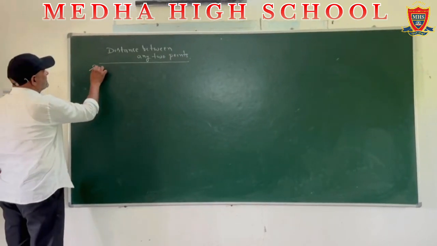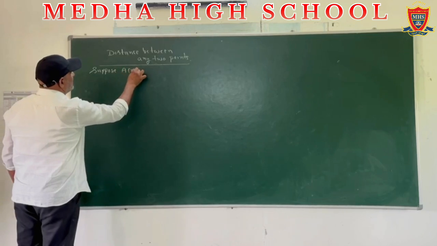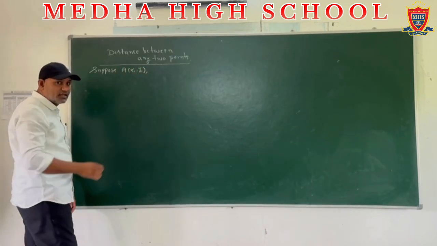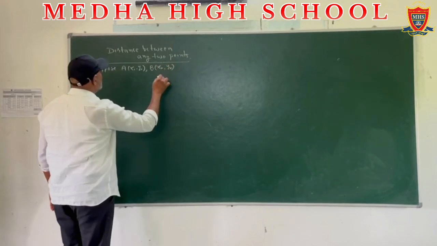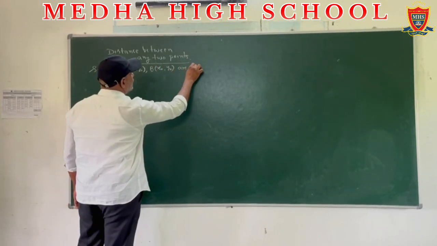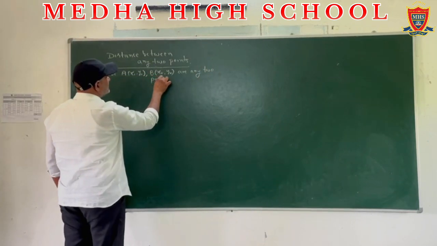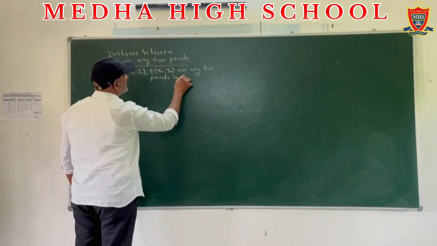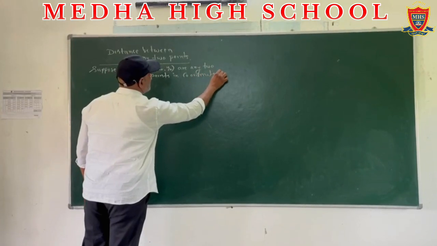Suppose A (x1, y1) and B (x2, y2) are any 2 points in a coordinate plane.